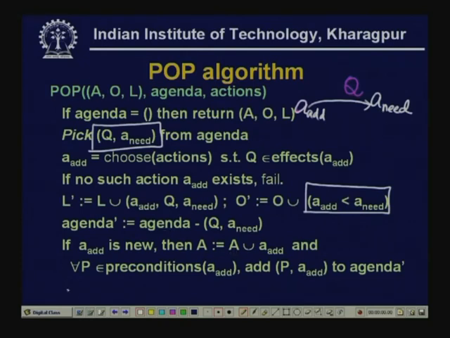So, we remove it from the agenda. If A add is new, then A equals A union A add. That is, if you have got a new step, then I will add it to my action list. And then for all preconditions of A add, we must add them to the agenda.